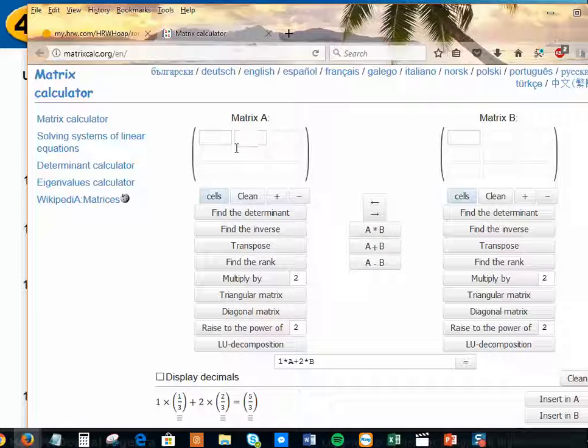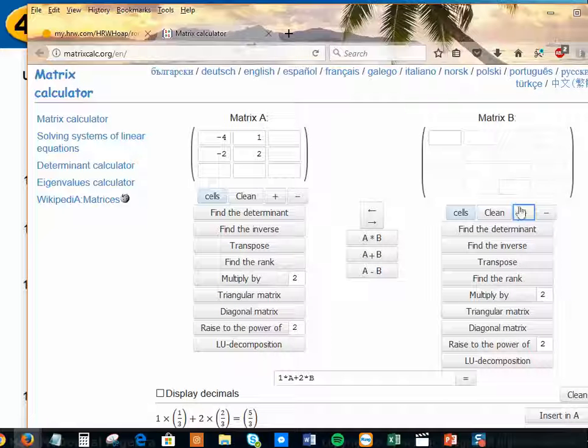All right, so I know that my matrix A is negative 4, 1, negative 2, 2. I wrote that down. And then my matrix B, I need more rows. So I clicked on the plus sign and it added some columns for me. So I have negative 4, 0, 3, 5 for the top row.